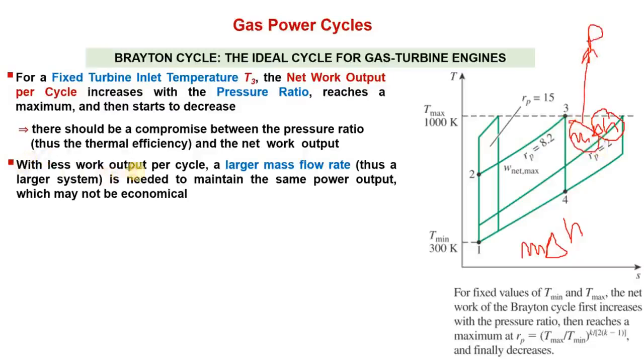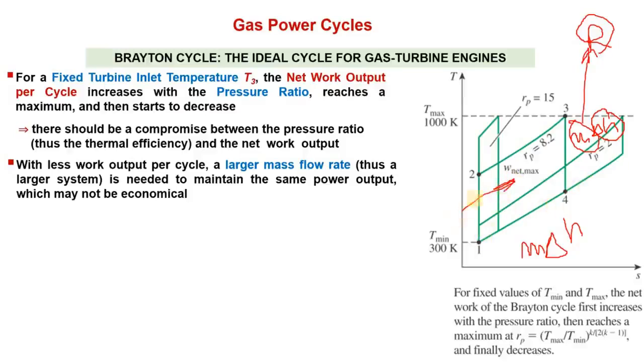That is, with less work output per cycle for 1 kilogram of mass, a larger mass flow rate, thus a larger system, is needed to maintain the same power output, which may not be economical. When you increase the mass flow rate to get higher power, the work output increases, but the work input also increases, because the same mass is also flowing in the compressor.